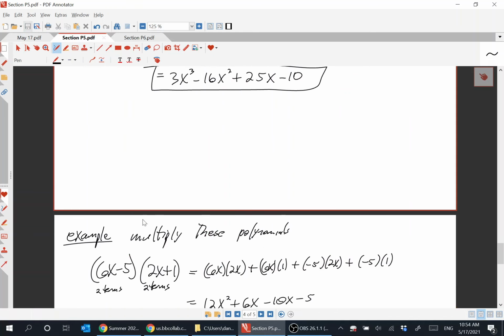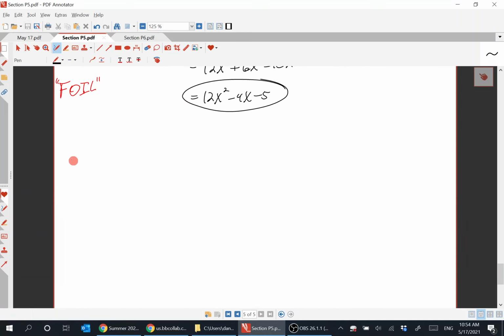Another example. If you've got just one term in the first monomial, let's say minus 2x to the 1/2 times x squared minus x plus 1 or something like that, then you just have to take this term and multiply it by all of those.